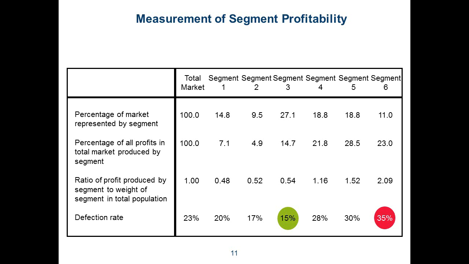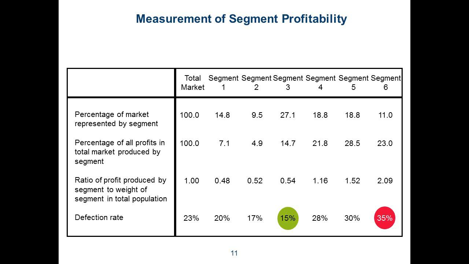What we have done in this case is to break the market down for Intertek into 6 segments. And you'll see on the first line the percentage of sales volume accounted for by each segment. The next line shows the percentage of profits accounted for by each segment.